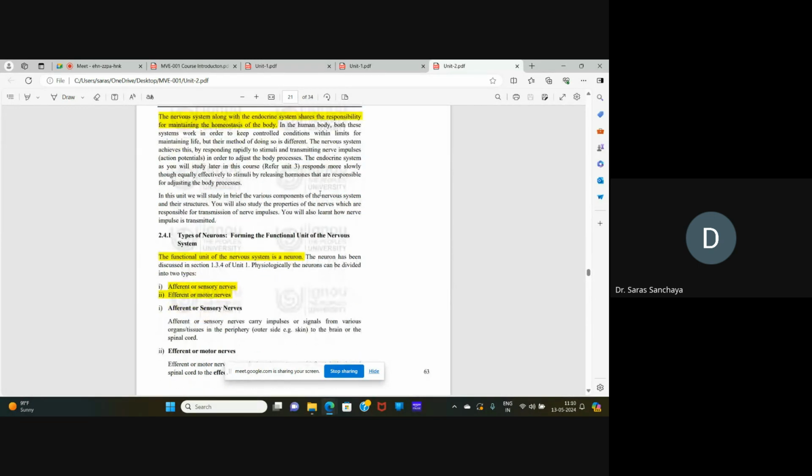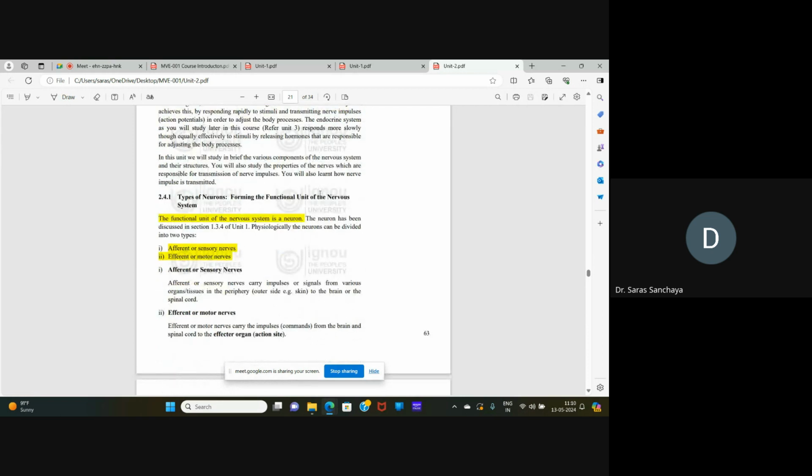Physiologically, the nerves or neurons can be divided into two types: afferent or sensory nerves, and efferent or motor nerves. The afferent nerves bring the stimuli from the environment, the different senses, to the central nervous system.